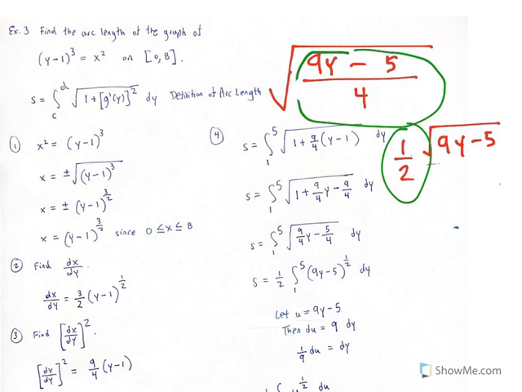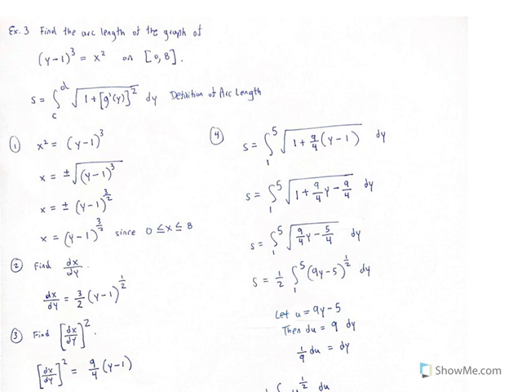That allows me to factor out the constant factor of 1/2 from the integrand, leaving me with just the square root of 9y minus 5. And of course, I can write square root as raising to the 1/2 power, and that's what I've done here. To complete the problem, you need to find an antiderivative. That's the fundamental theorem of calculus.